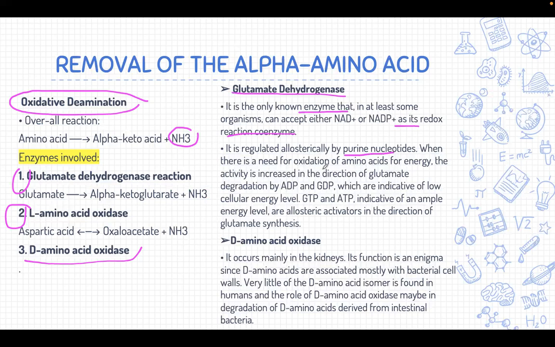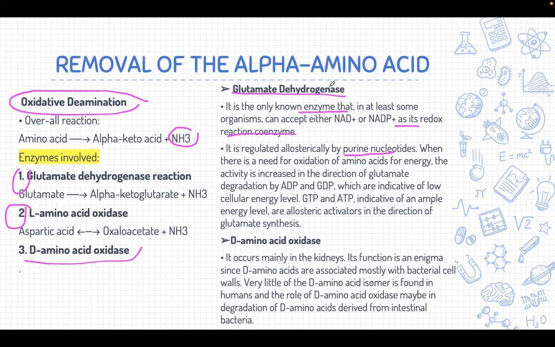When there is a need for oxidation of amino acids for energy, the activity is increased in the direction of glutamate degradation by ADP and GTP, which are indicative of low cellular energy level. Your GTP and ATP, indicative of an ample energy level, are allosteric activators in the direction of glutamate synthesis.